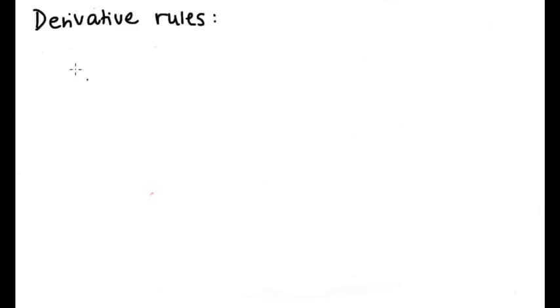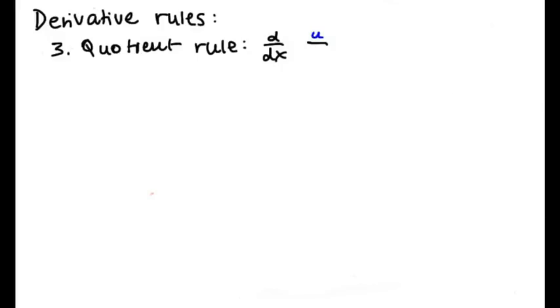Okay, so the last rule is the quotient rule. And it's very similar to the product rule, except now we're taking the derivative of the quotient of two functions, u divided by v.